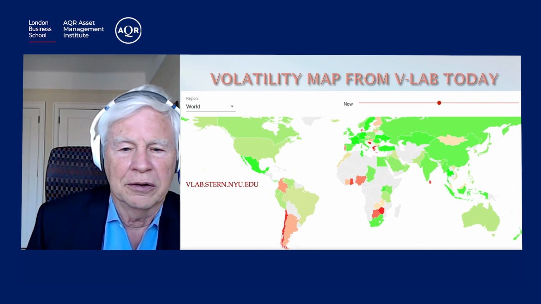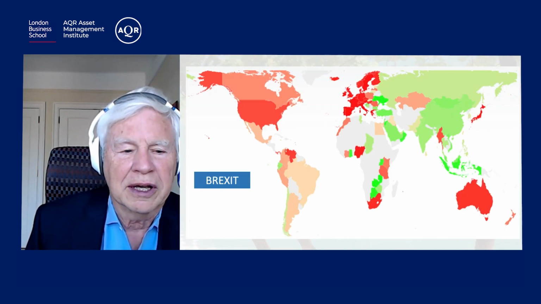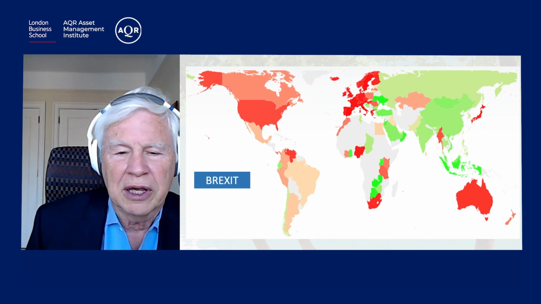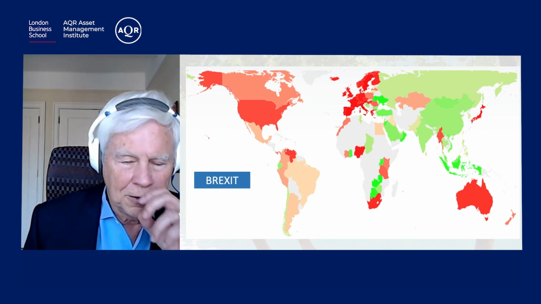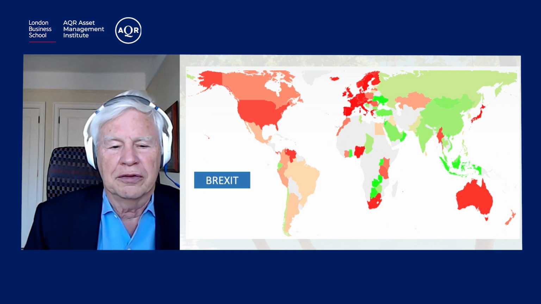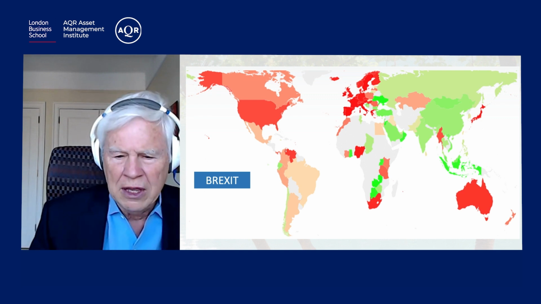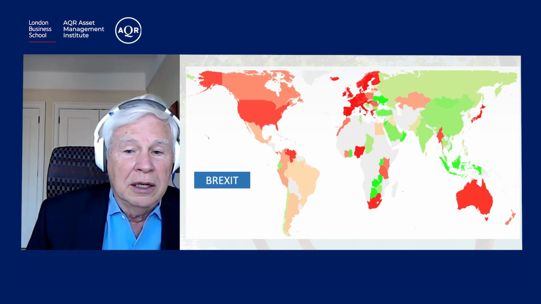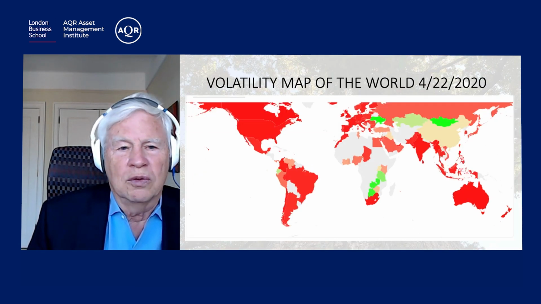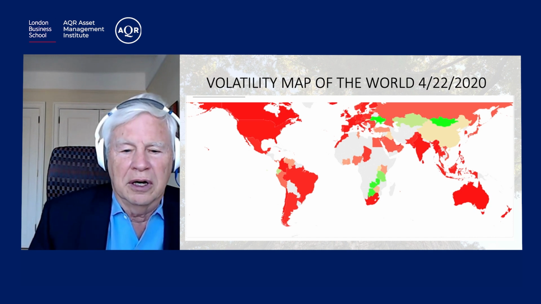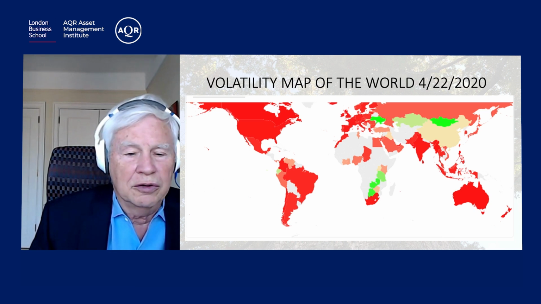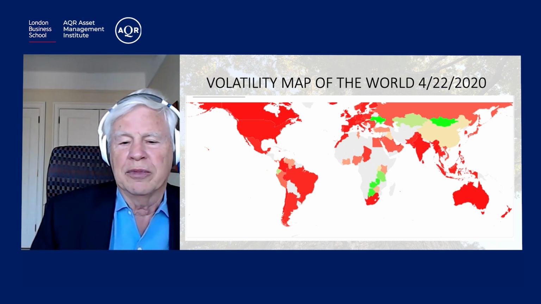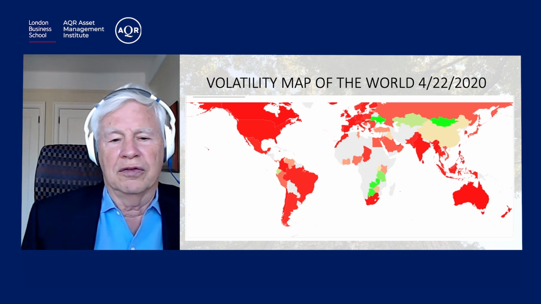This is what it looks like now. But it doesn't always look like that. After Brexit, you can see we had a lot of red, especially in Europe, but also in a lot of the trading partners of European countries and the UK. Even more red was the map in the last March, just the beginning of the pandemic, when we saw that volatility rose dramatically in pretty much all the trading centers of the world.